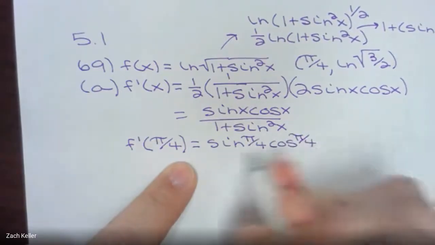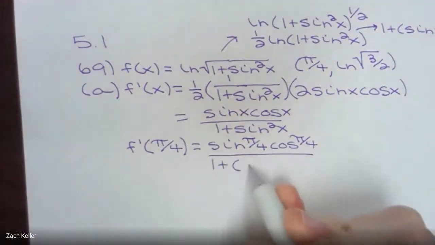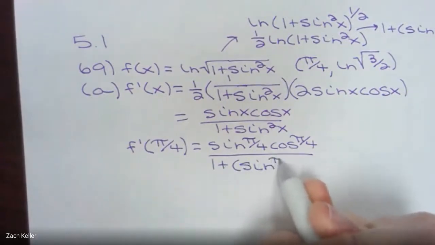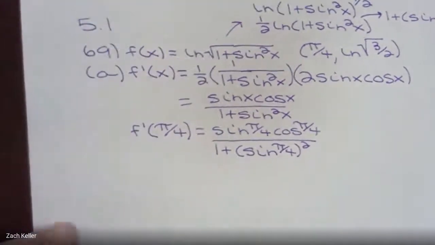We've done this process before, we're just doing it with ln functions. 1 plus, and I'm going to rewrite it, it's easier to think about it like this, squaring the whole thing. So unit circle, let me grab mine real quick.